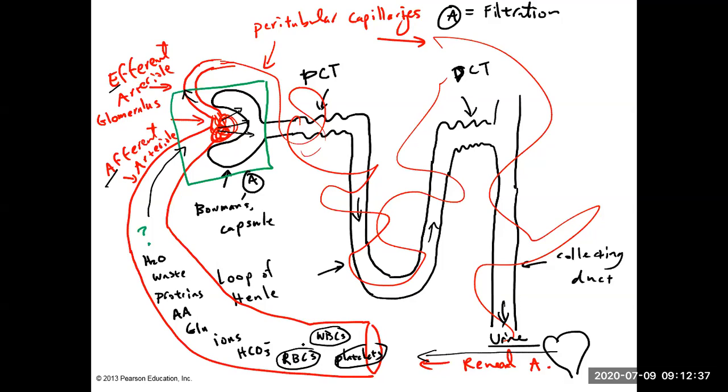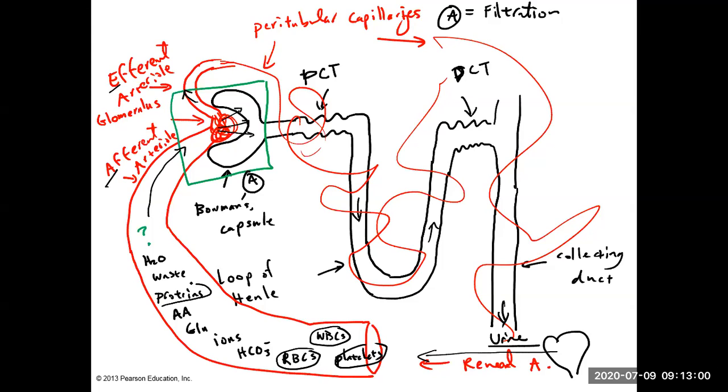You lose the white blood cells now. The white blood cells are even larger than red blood cells. So when you lose that, you lose your immunity. You lose the cells that are supposed to serve and protect you. When you lose platelets, you will not be able to do blood clotting. So those are too large to pass.